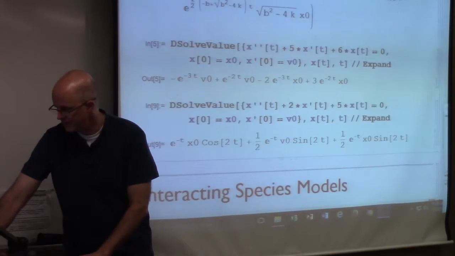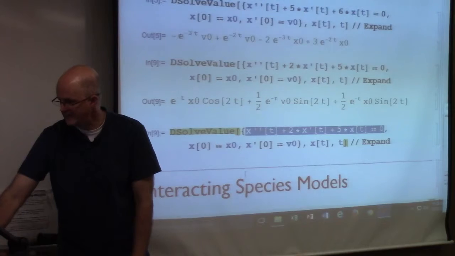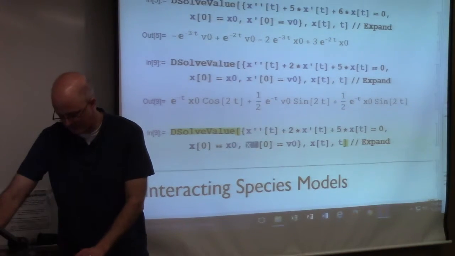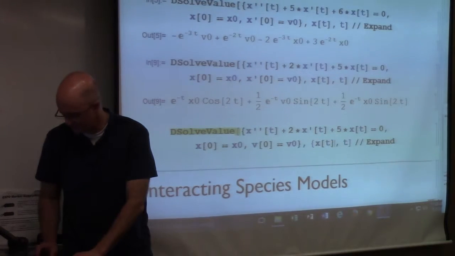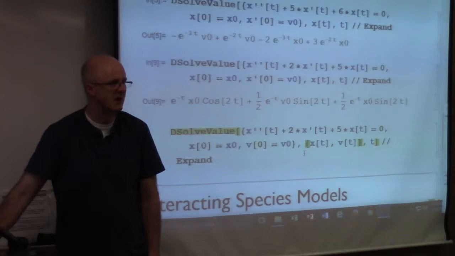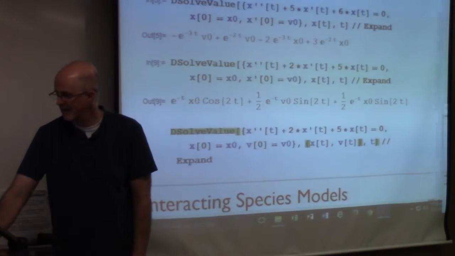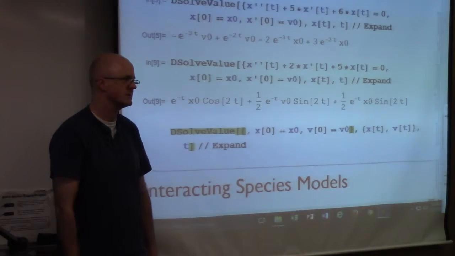Essentially, the x prime initial condition needs to be replaced by v. We're going to solve not just for x of t, but both x of t and v of t. You solve systems simultaneously. You're solving for both quantities. And the second order equation here needs to be replaced by two first order equations.